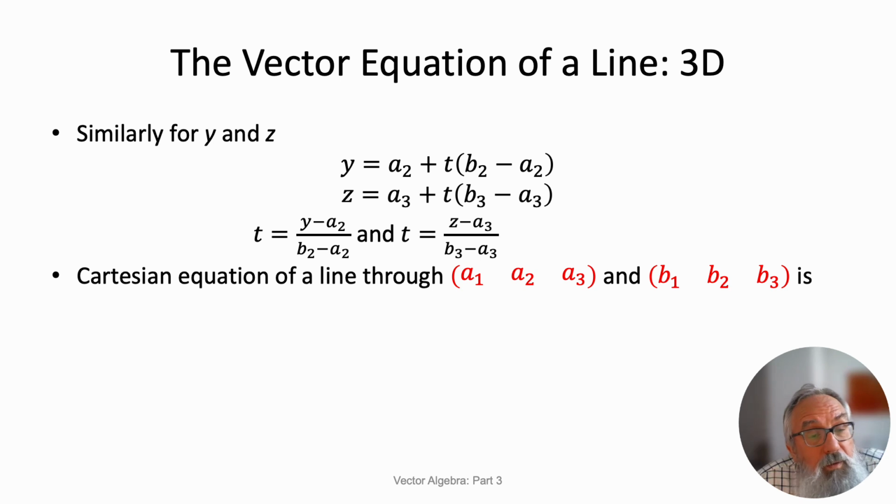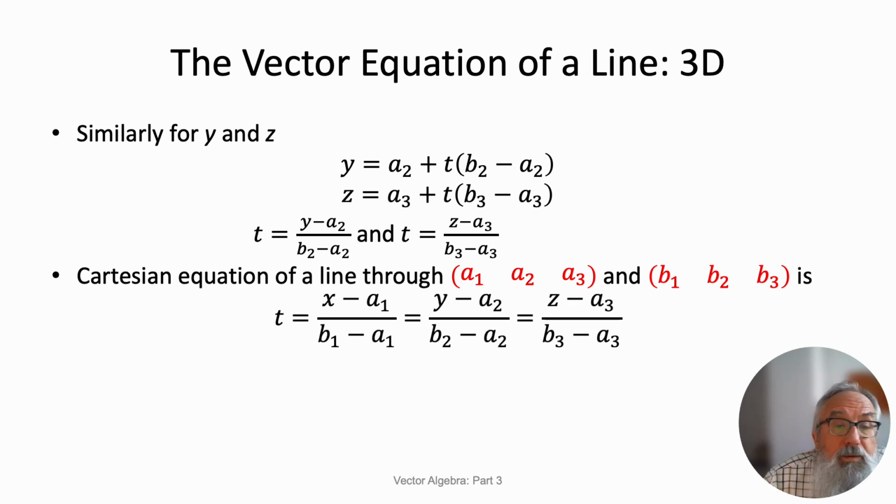So let's have a look at the Cartesian equation of a line through A and B. In terms of our vector representation, components of a vector, this is how we'd write our Cartesian form. Let's hope that makes sense. It seems to be an awful lot more complex than y equals mx plus c, but it turns out to be useful when we get to 3 dimensions and complex geometry.